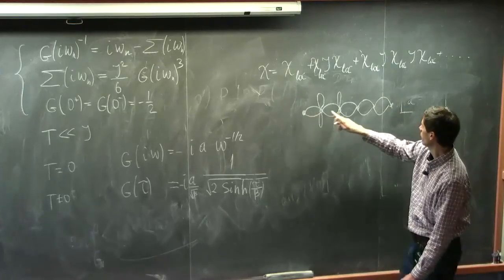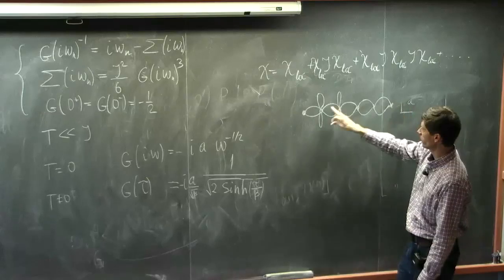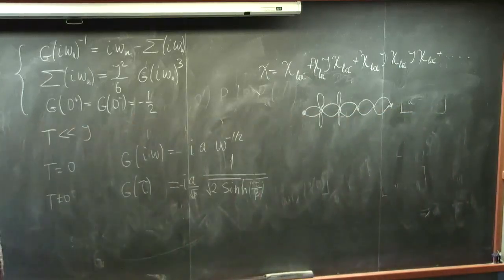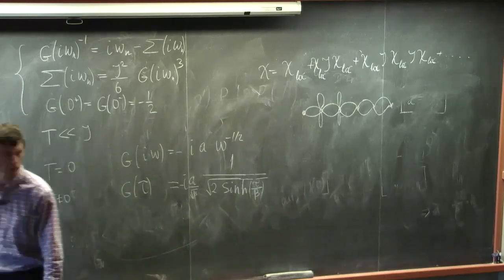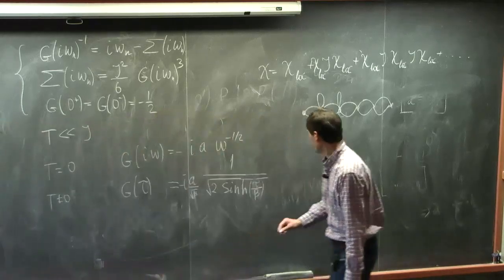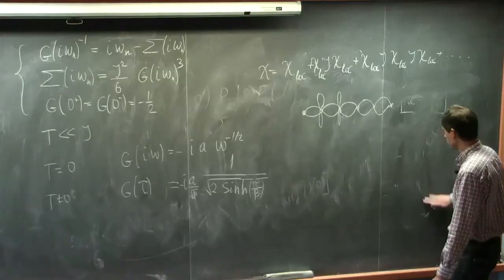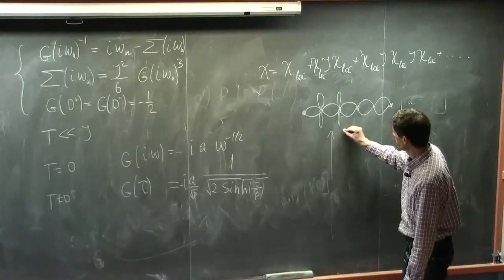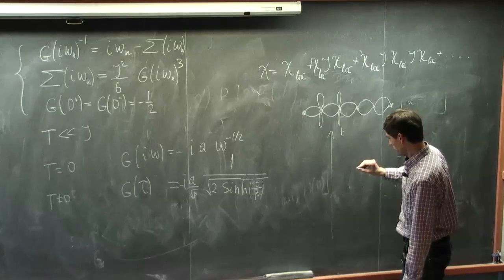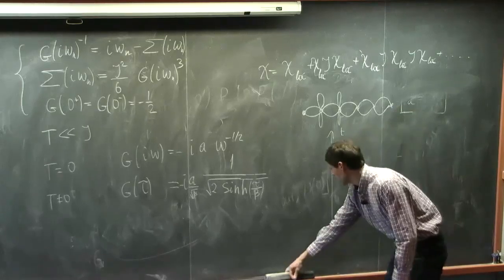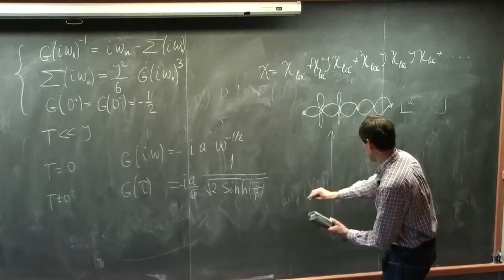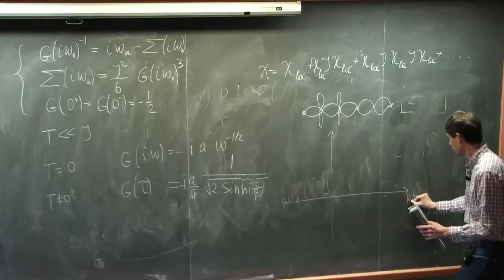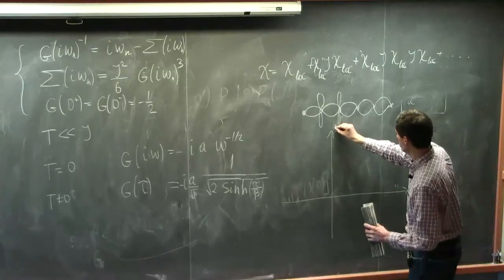Now, we should be careful about the type of the Green function, because we can no longer use the imaginary time Green function. What we have to do is this. We have real time t. Sorry, maybe I should still use the horizontal axis for t. It's the real part of t and imaginary part of t.